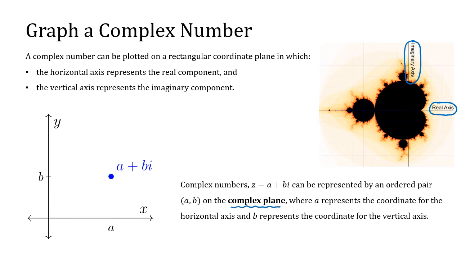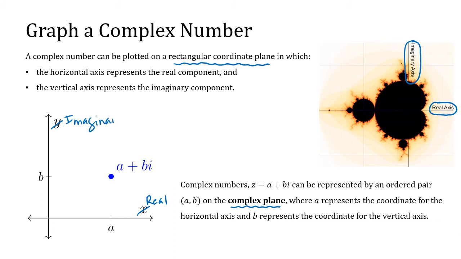Now this complex plane looks like the rectangular coordinate plane that we talked about up here. The only difference is that we are representing those axes differently. So that horizontal axis, like we talked about in the fractal image, instead of having x, we might call that the real part. And instead of having y, we would call that the imaginary part.